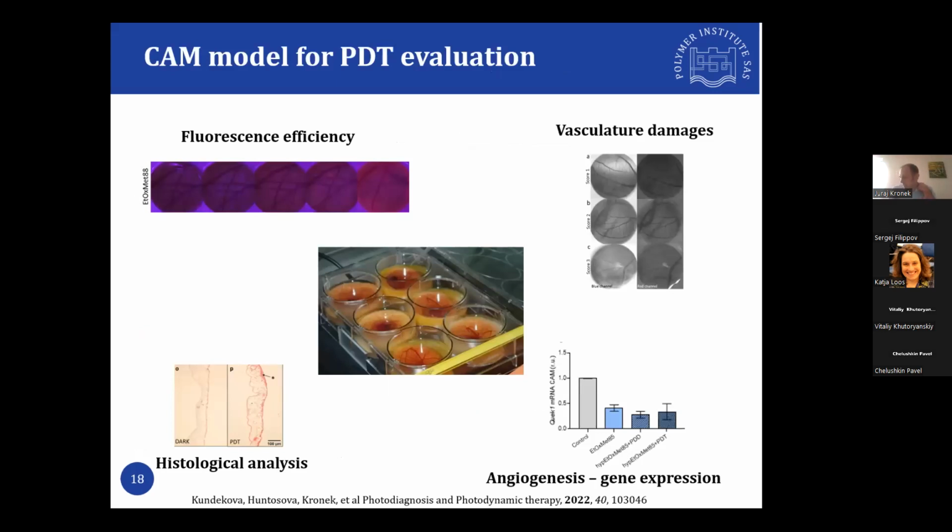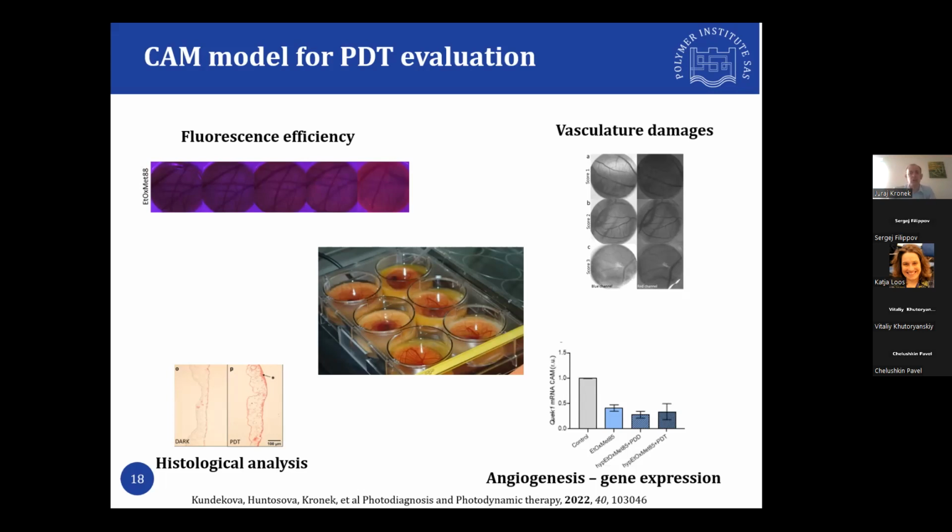In our case, we used this CAM model for testing of fluorescence efficiency. We provided histological analysis and also assessment of vascular damage and angiogenesis expression.